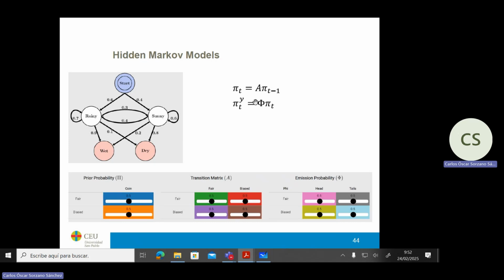Given this state, there is some emission probability of observing the output. So now you don't observe whether it is rainy or sunny anymore. You are at home, and all you see is that someone comes in and this person is either wet or dry. And then you have an emission probability. So you try to estimate the hidden state given your observations. This is why it is called a hidden Markov model.